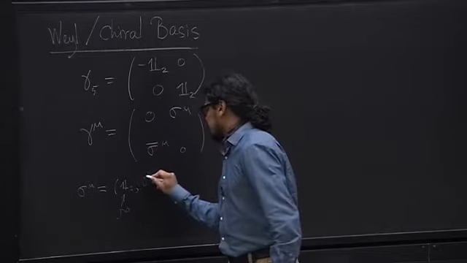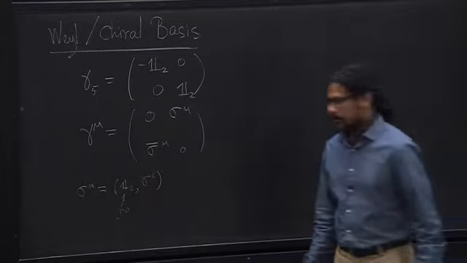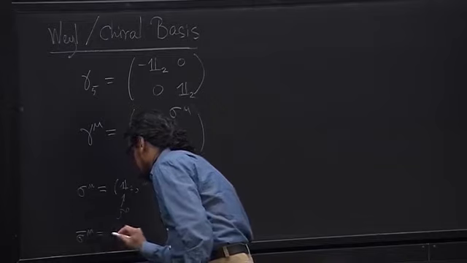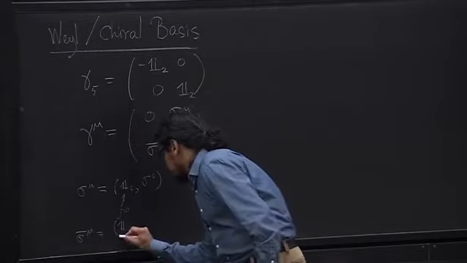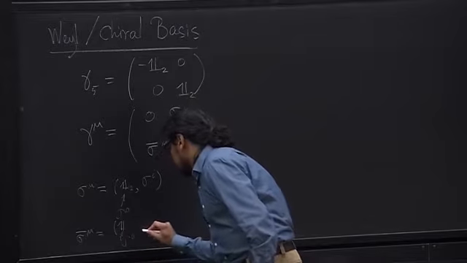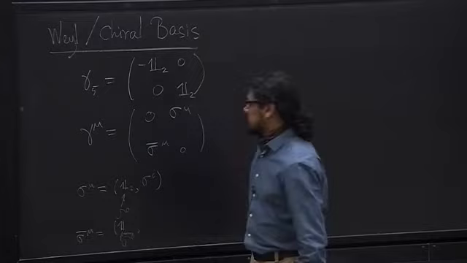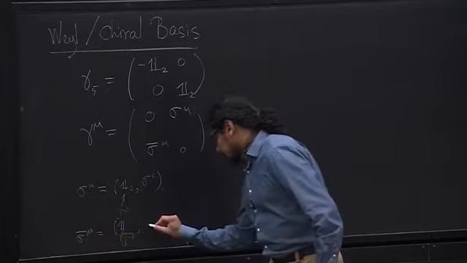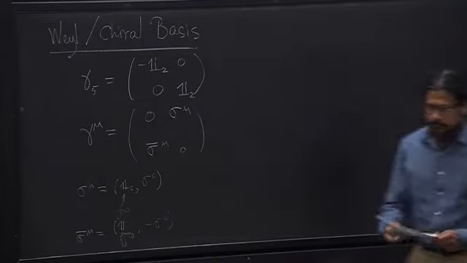And sigma 1, 2, 3 are the Pauli matrices. Okay? And sigma bar of mu is similarly, sigma bar 0 is again sigma 0, the identity. But sigma bar i, for i = 1, 2, 3, is the negative of the Pauli matrices. Okay?